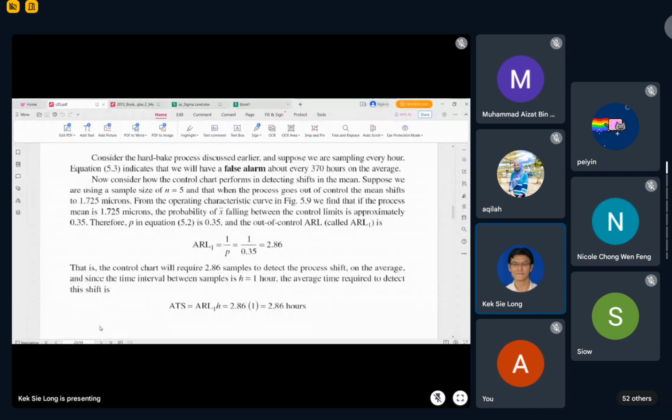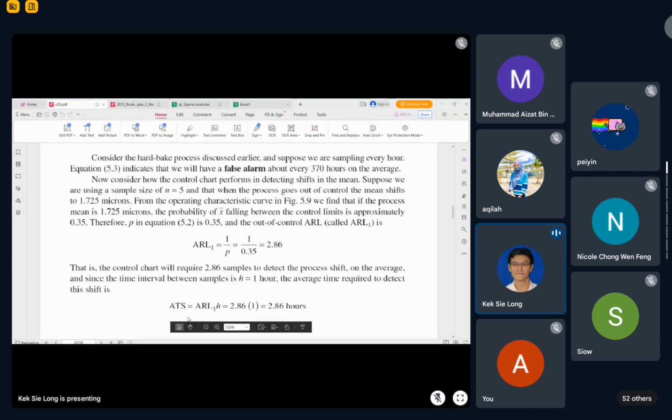2.86: the control chart will require 2.86 samples to detect the process shift. So just now, with 140.2, we will take 2.86 samples, then the process shift might be detected. In other words, we will detect the process shift after we have taken 2.86 samples on the average.